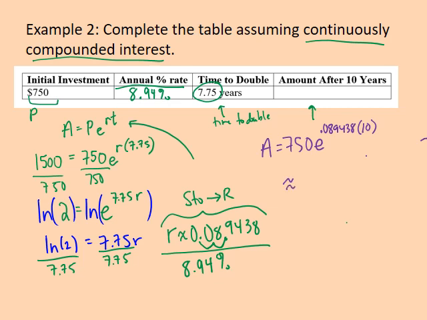So when I plug all this into my calculator, remember, I'm going to use the stored value of R. You end up with the final amount of money after 10 years being $1,834.37.